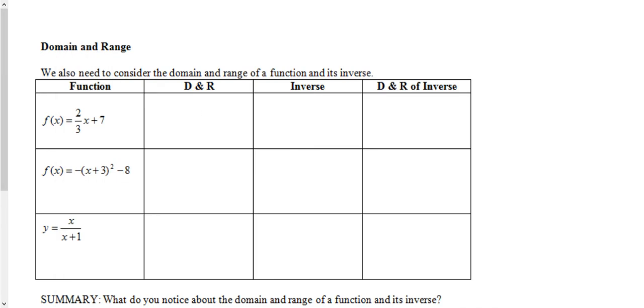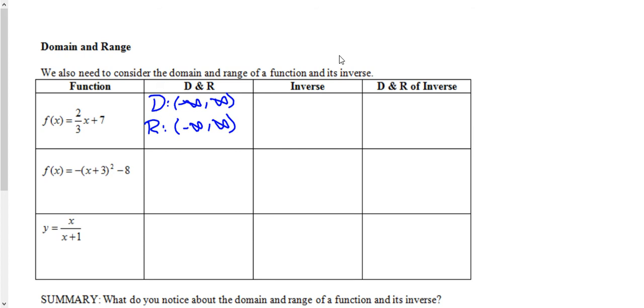So my domain and range for this first one, my domain, and I'm going to use interval notation, so it's negative infinity to positive infinity and close bracket, and we're done. And we're using rounded brackets because we don't want to include infinity. The range, the lowest and highest it's going to go, is from negative infinity all the way up to positive infinity. There we go.